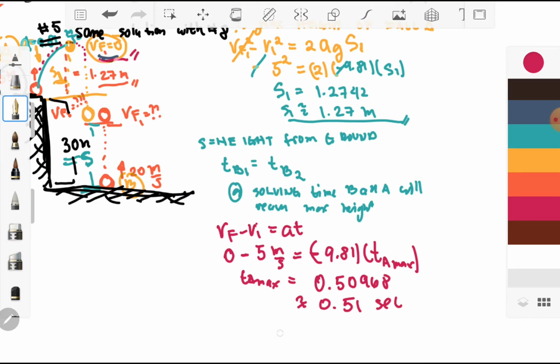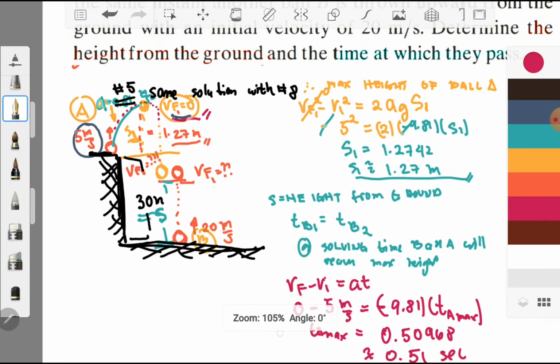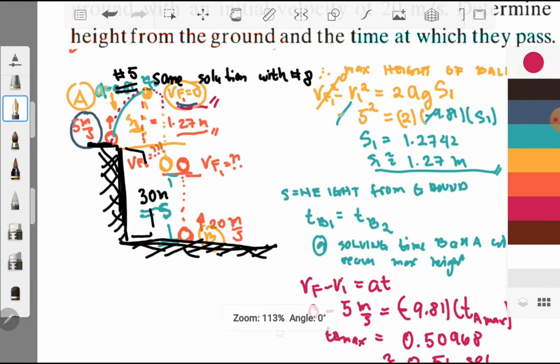This will be your TA max. So after solving for your TA max, so we already know that the time of flight is equal to 0.51 seconds from 30 meter height to 1.27 meter additional height. So therefore, I may say that the time na mag-meet sila is my TX. Let's say that this will be my TX.